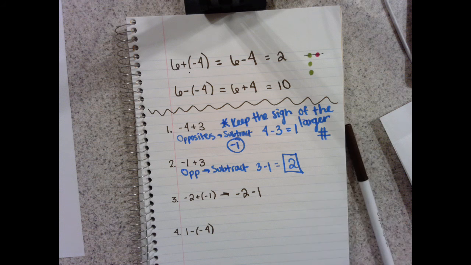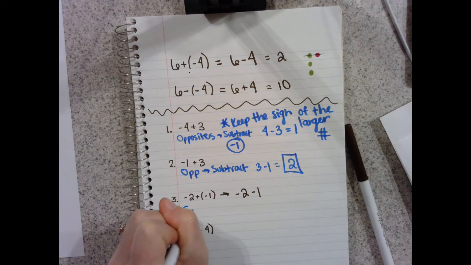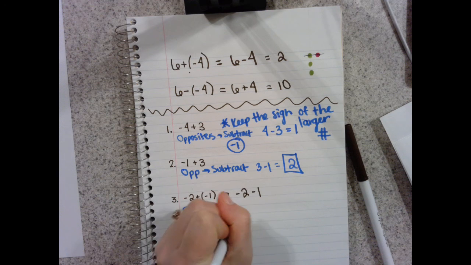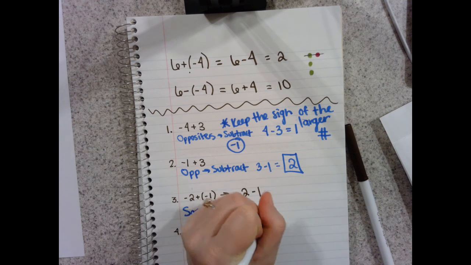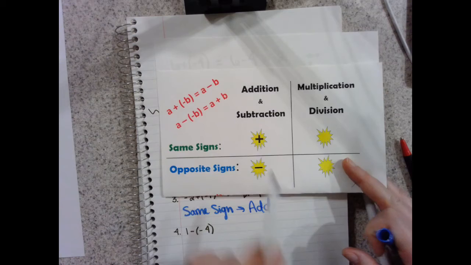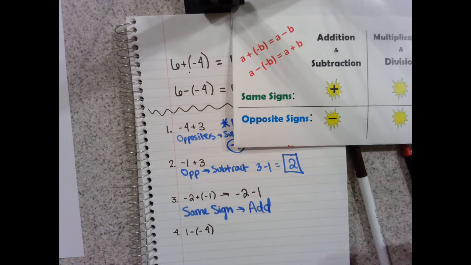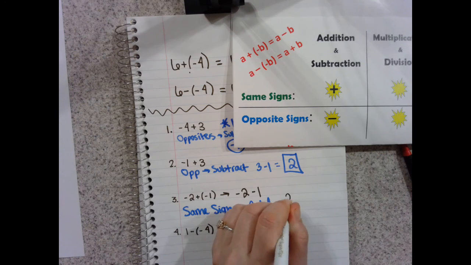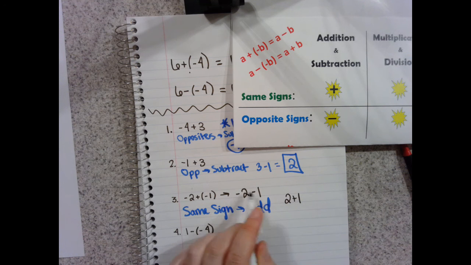Since they're both negative, it's a same signs problem. Same signs add. Okay, going back to this visual, same signs add. So I'm just going to take 2 plus 1. Who cares what these signs are?